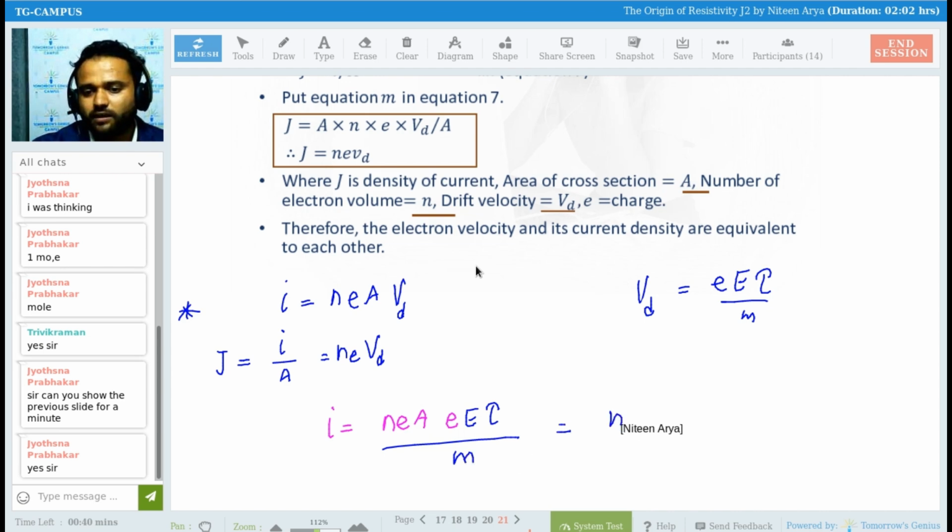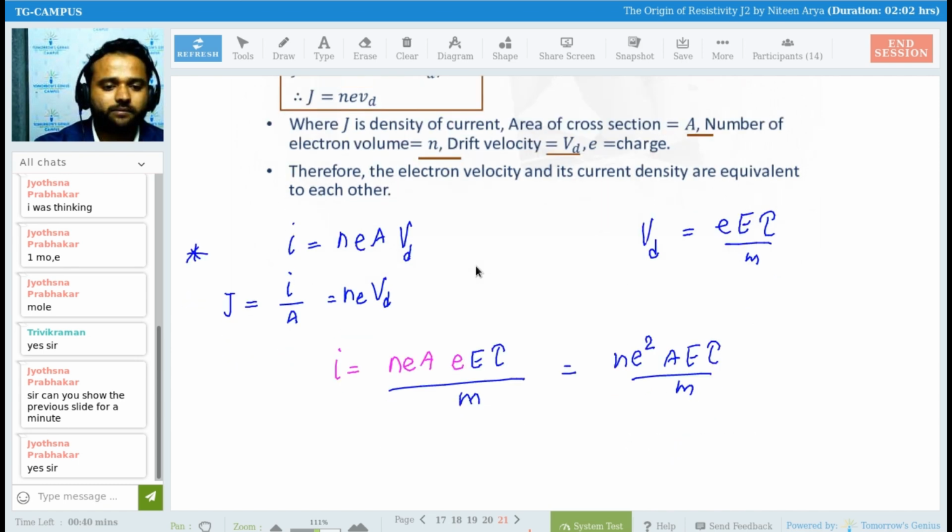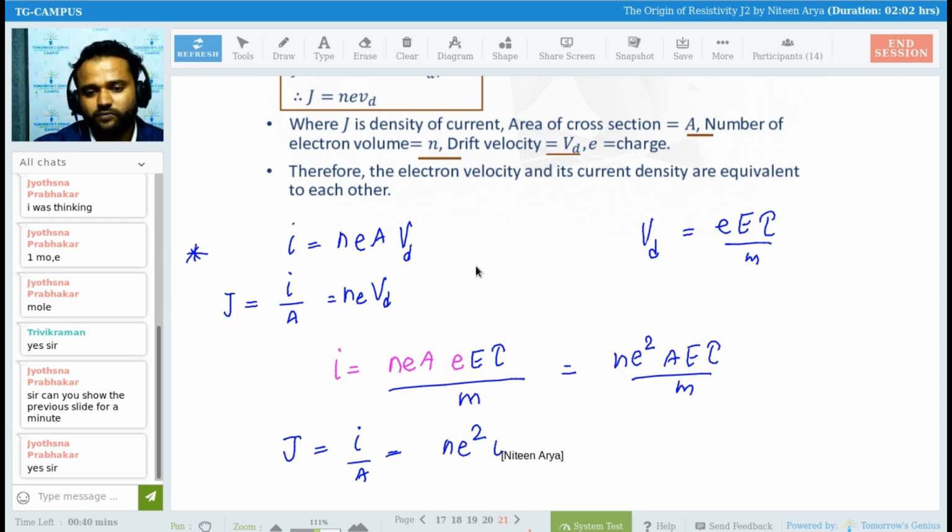So putting this, n e square A E tau by m. Now in a similar way, J equals to I upon A. So just divide the above equation by A. n e square E tau by m, sorry, A is not going to be there.